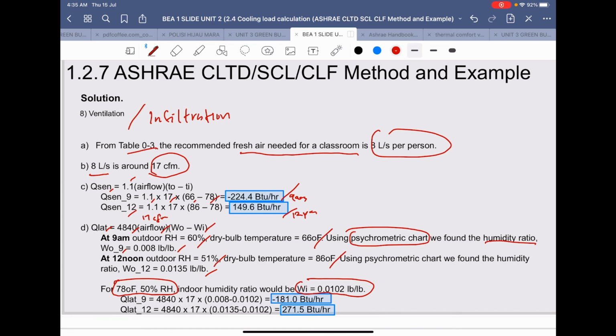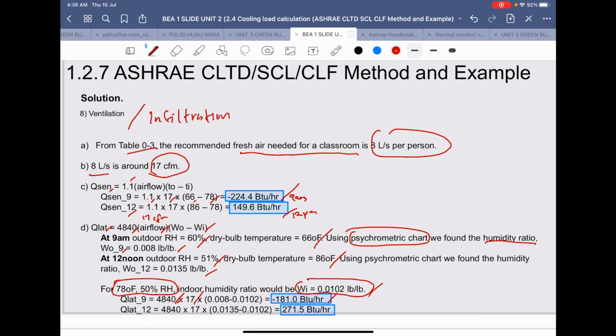In this case, we assume that Q latent at 9, based on this formula, is 4,840 times the constant times the CFM, the airflow 17 CFM. So we must subtract the inside humidity ratio 0.0102 from the outside humidity ratio at 9, 0.08, and the answer is Q latent at 9 is negative 181.0 BTU per hour.